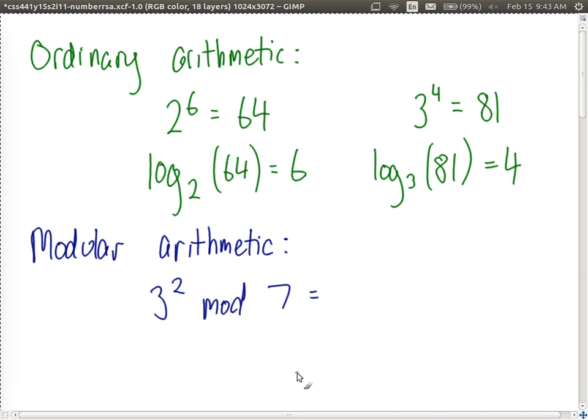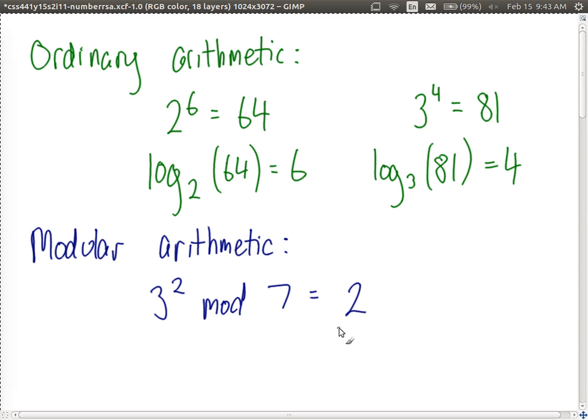Similar to addition and multiplication, we can do that manually and just mod by 7 at the end, and we get 2. 9 mod 7 is 2. So exponentiation is easy, at least conceptually: we calculate the exponent in the normal way and then mod the answer by our modulus, 7 in this case.